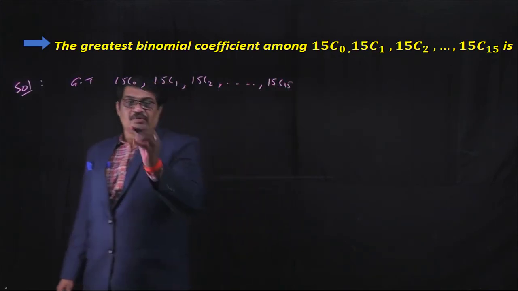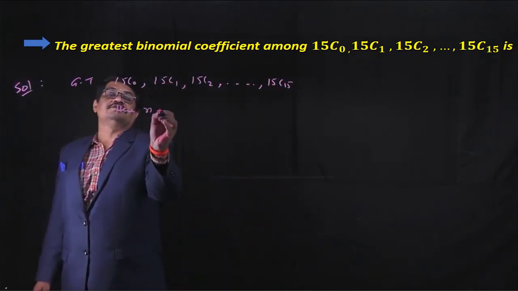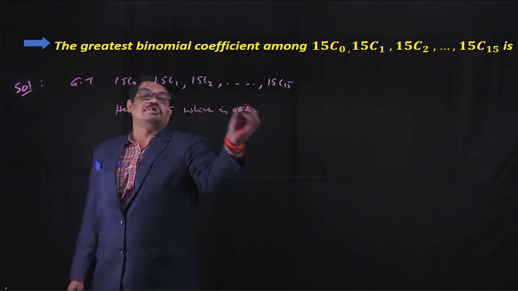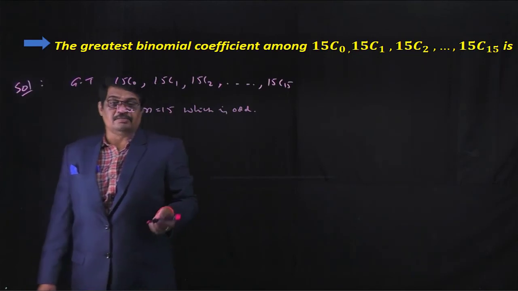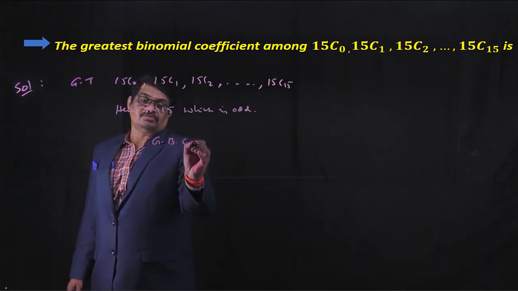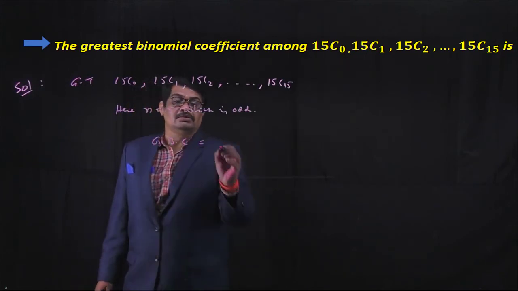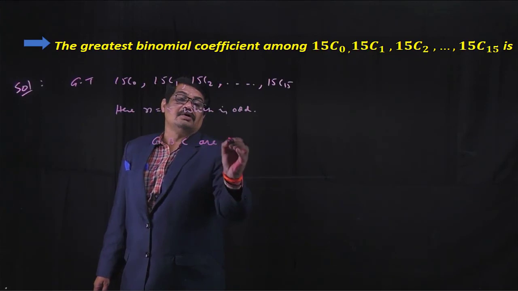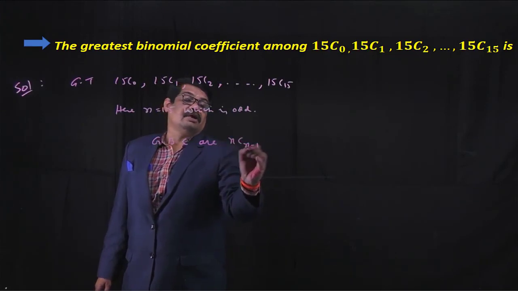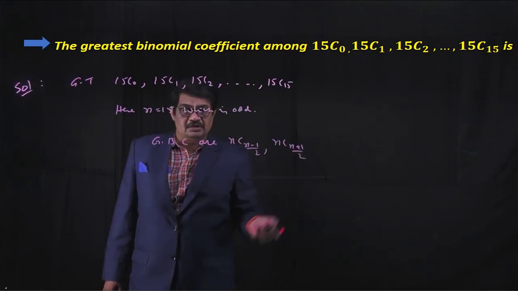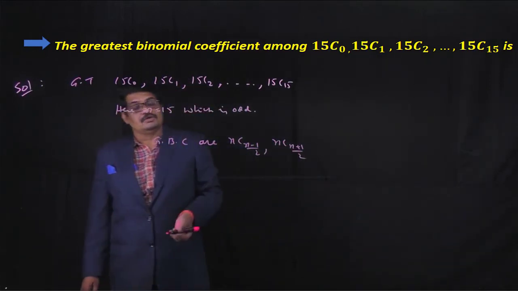Here n is 15, which is an odd number. So if n is odd, there are two greatest binomial coefficients, nC(n-1)/2 and nC(n+1)/2.